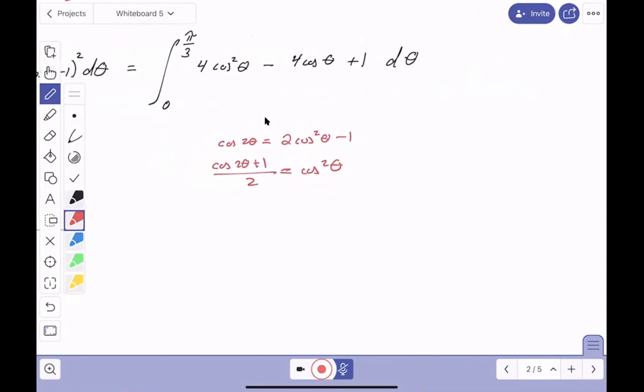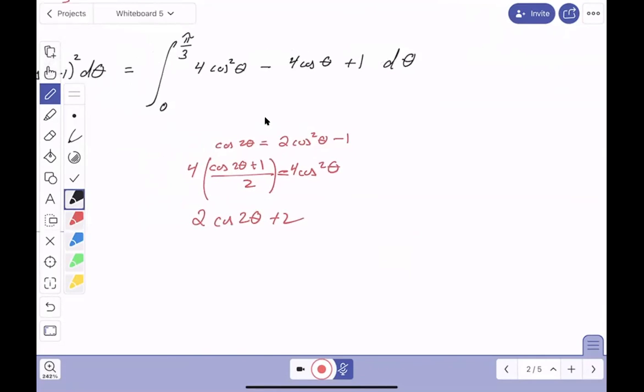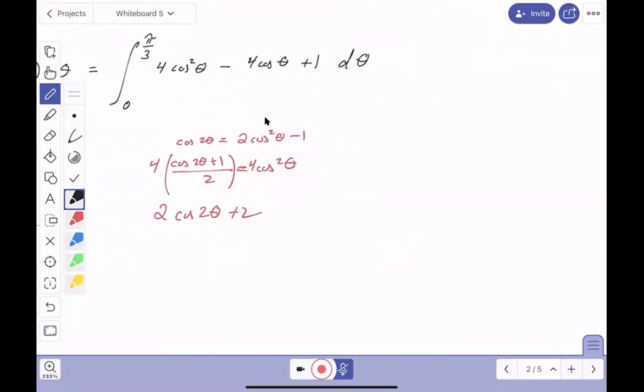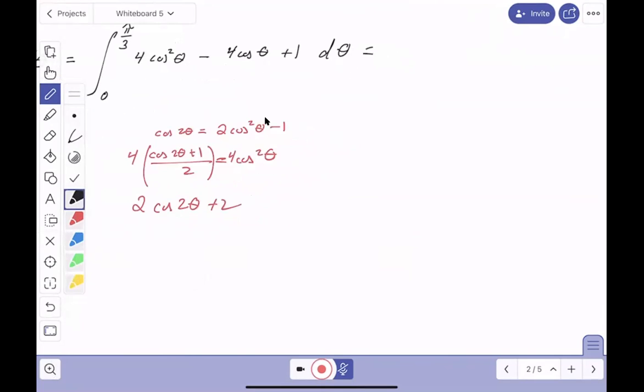Let me put that down for you. So I'm going to multiply both sides of this by 4. And what would you get? 2 cosine 2 theta, right? I'm reducing because I'm multiplying both sides by 4. That's 2 plus 2 cosine 2 theta, right? All right, I'm gonna try to put my integration down now. And again, we have a key to check.